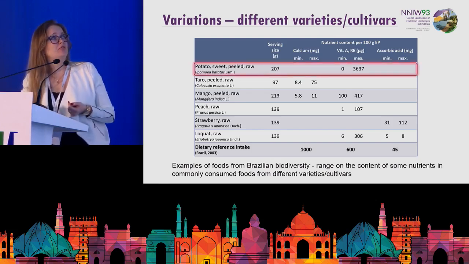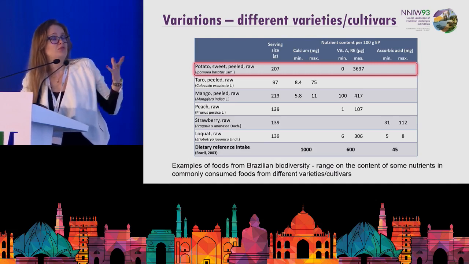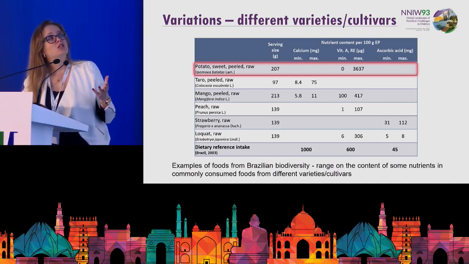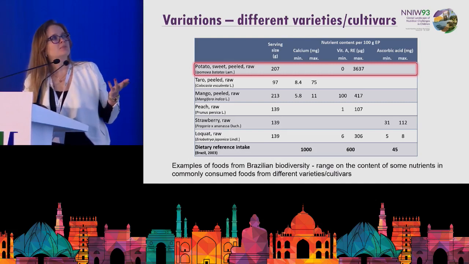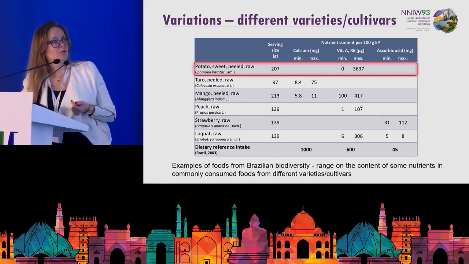For example, if we look into sweet potato, the vitamin A content range goes from 0, the minimum amount that we found, to more than 3,000 micrograms of vitamin A in 100 grams of sweet potato.